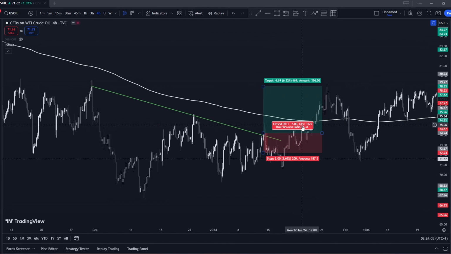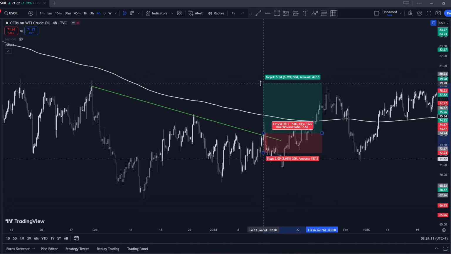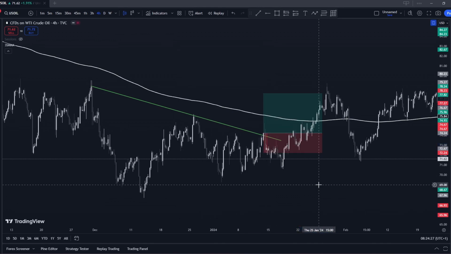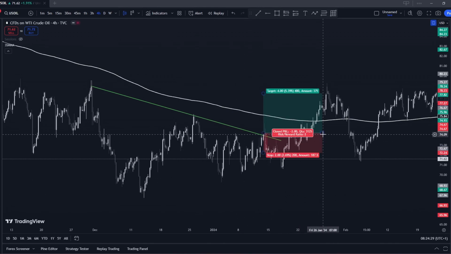As you can see right now, my risk reward ratio is 2.34. I don't want to round up to 2.5 because that decreases the likelihood of that trade working out, because maybe the market doesn't go all the way up here and it'll bounce off down here. What I instead do is round down to a 1 to 2. If I quickly fix that, there we go. And that would be my trade here.